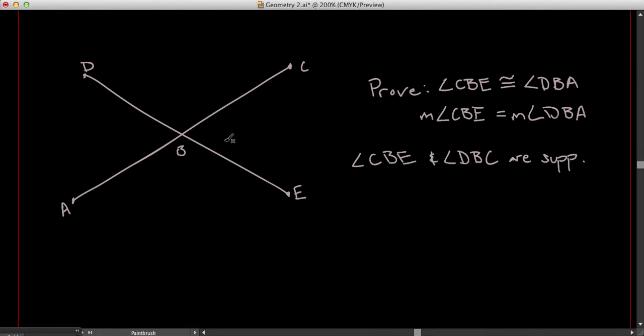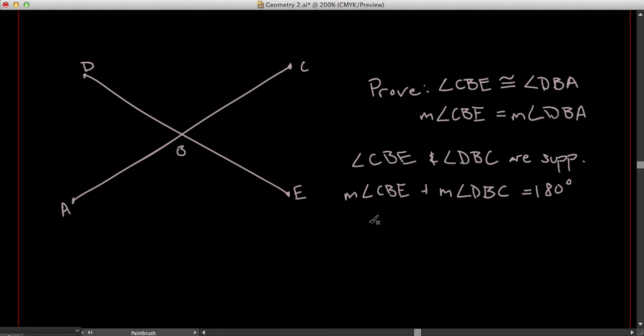We know that angles CBE and DBC are supplementary. That means they sum to 180 degrees. So if this is true, then the measure of angle CBE plus the measure of angle DBC is equal to 180, right? And what else do we know?